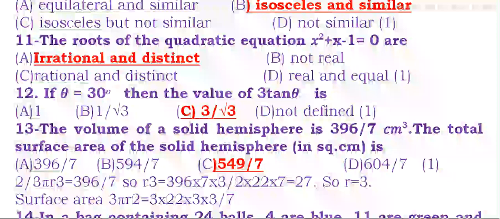That will be 594 by 7. The answer will be B. This will be the correct answer.